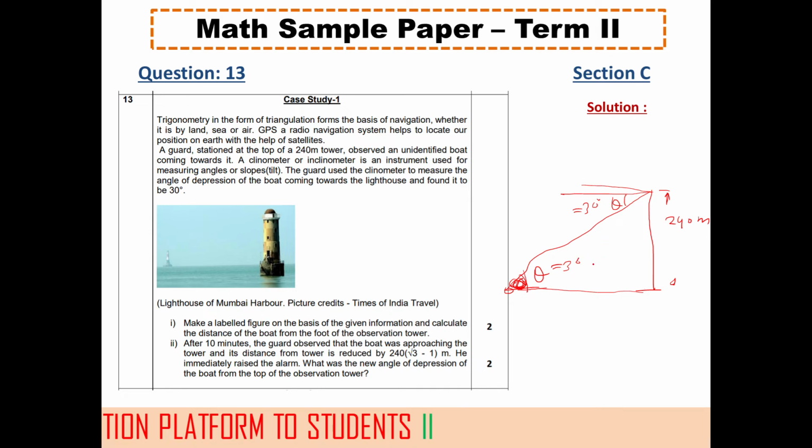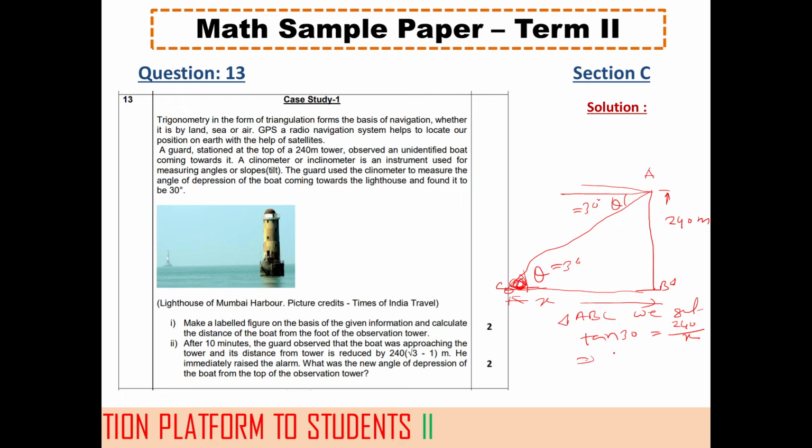Now we have to make the figure on the basis of the given information and calculate the distance of the boat from the lighthouse. Let the distance be x. The angle is given, the height is given, so this is a right angle triangle. Let it be A, B, C. From the right angle triangle ABC, we get tan 30 equal to 240 by x.